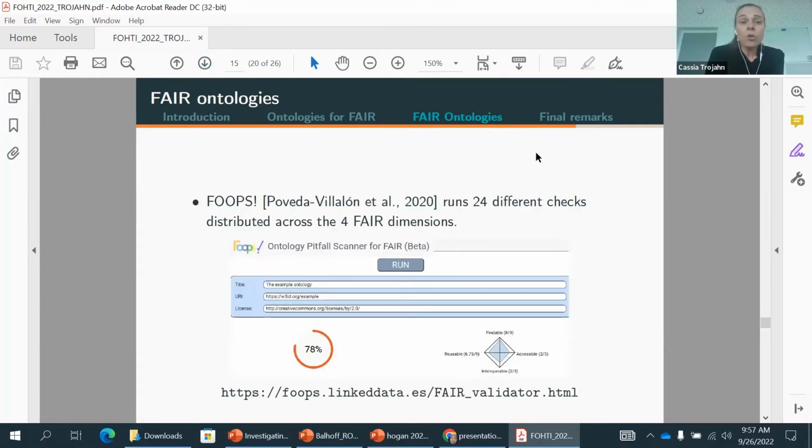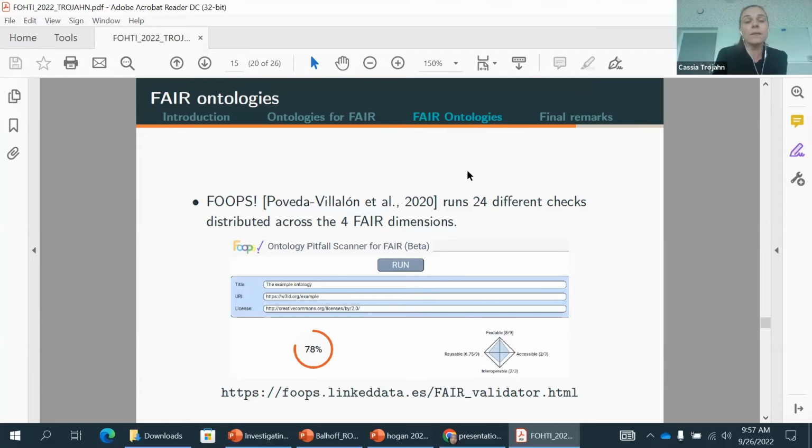You also have some automatic tools that have appeared so far for evaluating the degree of fairness of ontologies. One is FOOPS, for which I put the link here, that runs 24 different checks on how the ontology fits the FAIR principles.